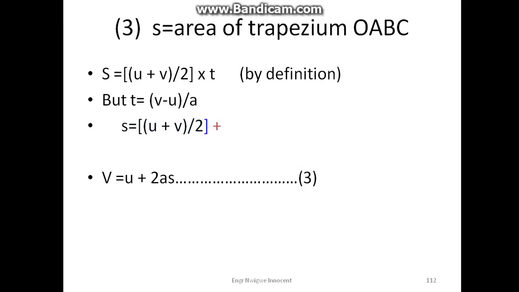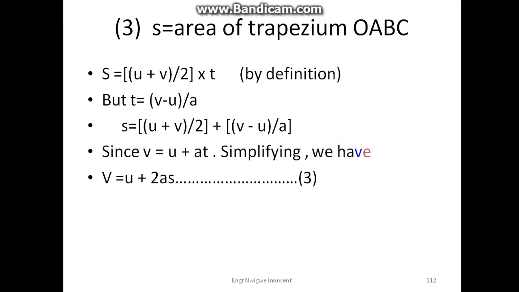We now substitute, and simplifying, we have v squared is equal to u squared plus 2as.